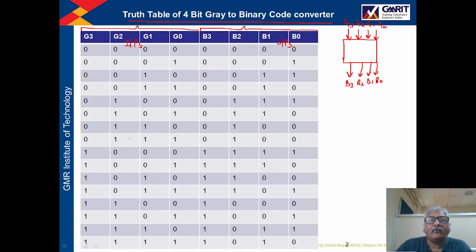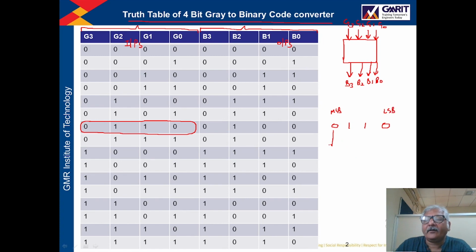Okay, so how to convert a 4-bit gray number into a binary number? I will explain this conversion for this gray number. Our gray number is 0110. This is your MSB, most significant bit, and this is our LSB, least significant bit.